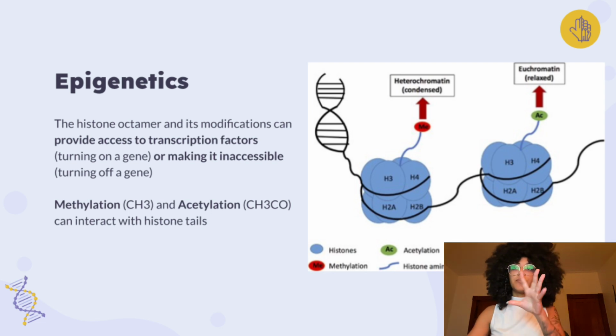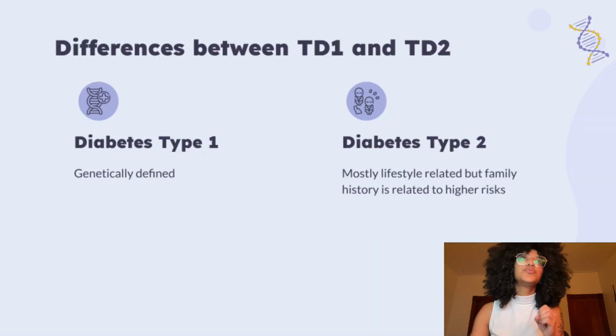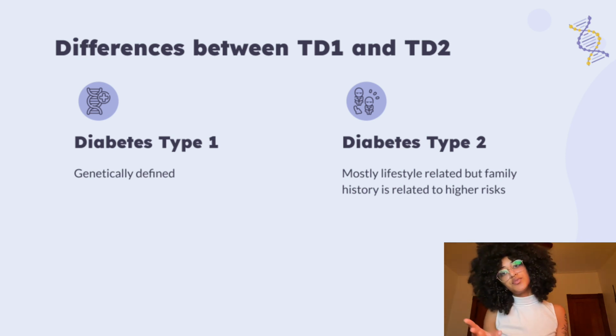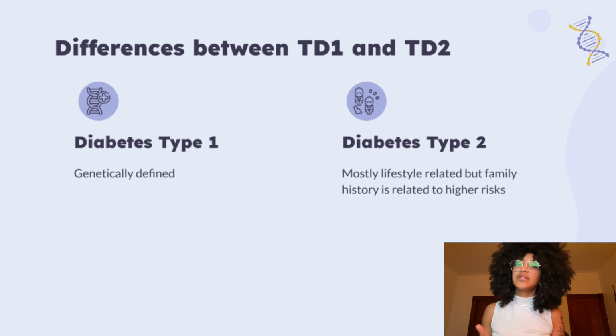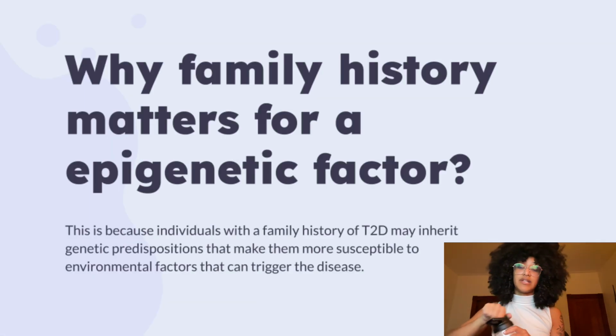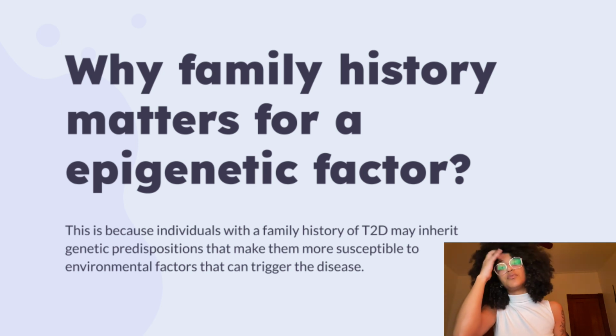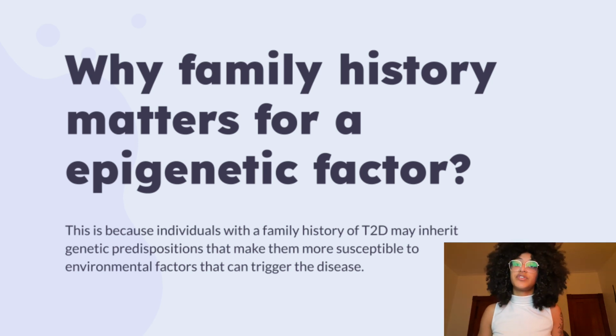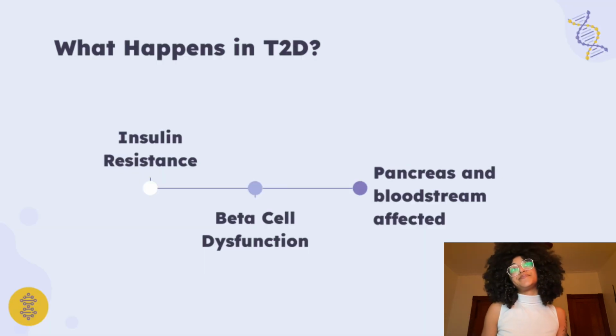But just to state a little bit of difference between the two, diabetes type 1 is mostly genetically defined, and diabetes type 2 is mostly lifestyle related, but also has some genetic component, because if you have a family history, you may be more susceptible to the environmental triggers that can actually lead to this disease.